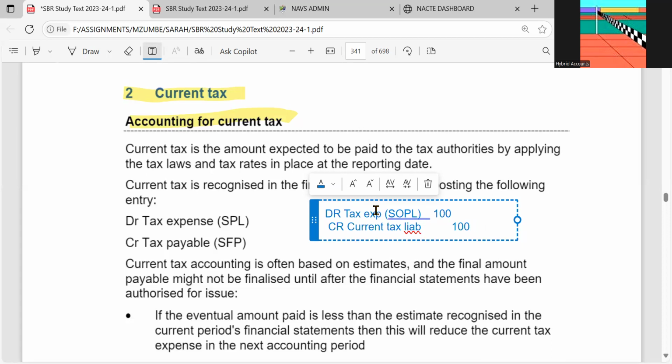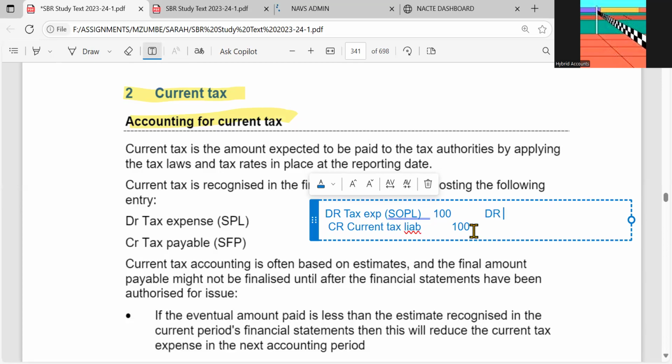In case you expected the tax to be recoverable, so you expect to recover the tax, not pay it, you could do it the reverse way. It would mean that I would not have the current tax liability, and not the tax expense. The tax would be an asset now.